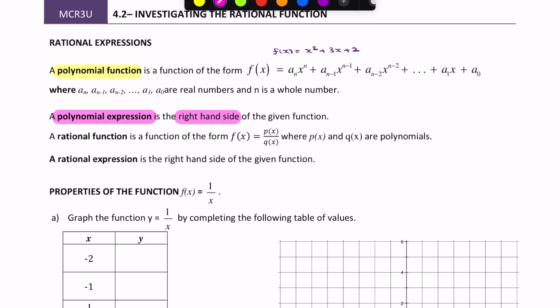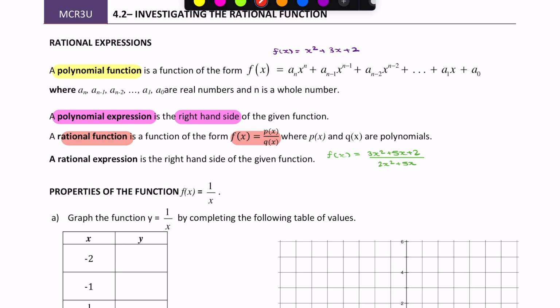A rational function is a function in the form f(x) = p(x) over q(x), where p(x) and q(x) are polynomials. An example would be f(x) = (3x² + 5x + 2) over (2x² + 5x). Both p(x) and q(x) are polynomials.